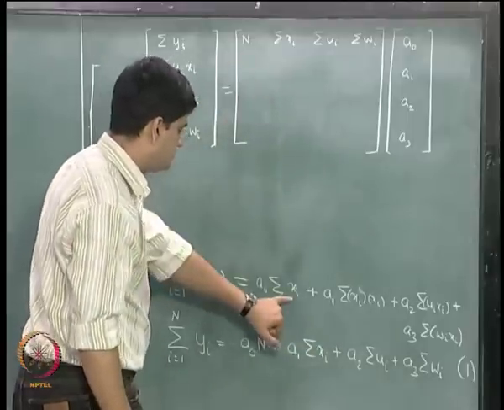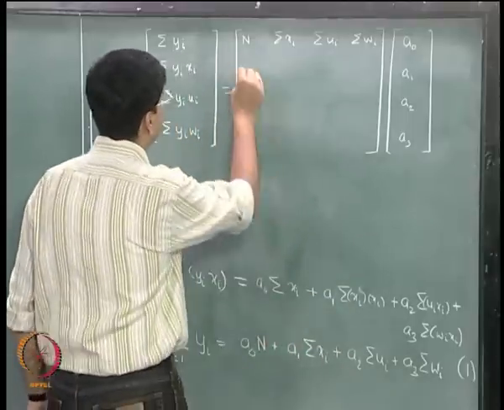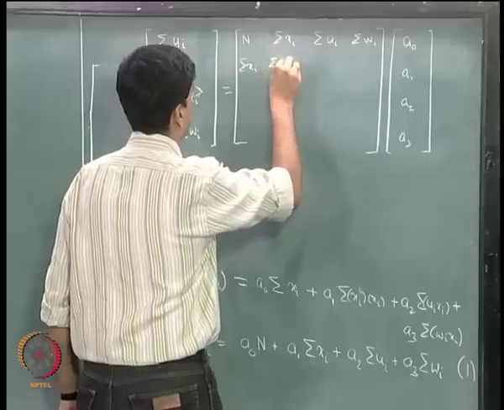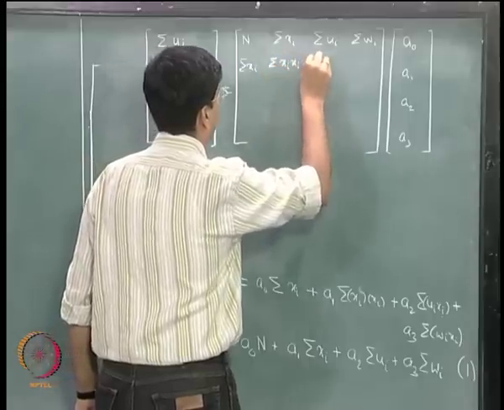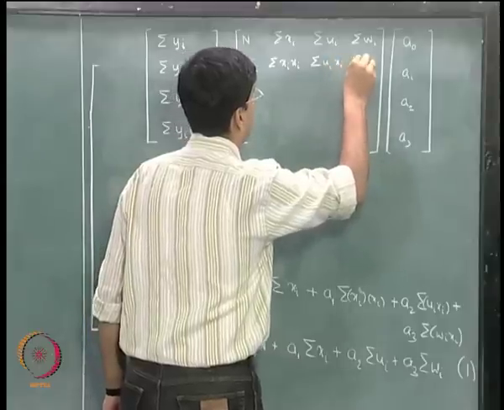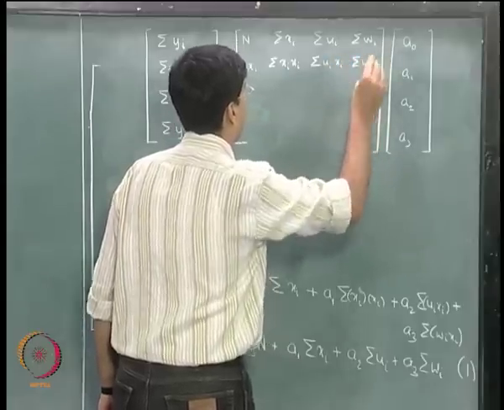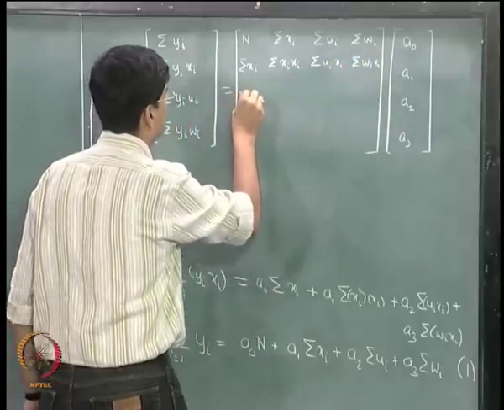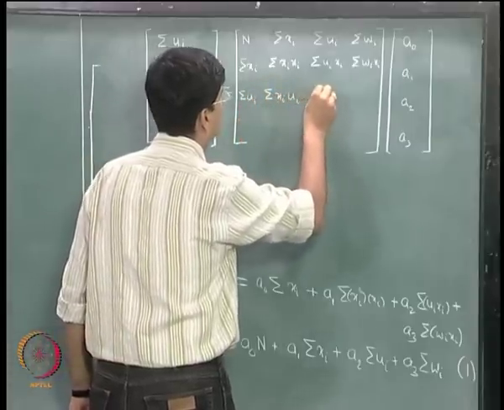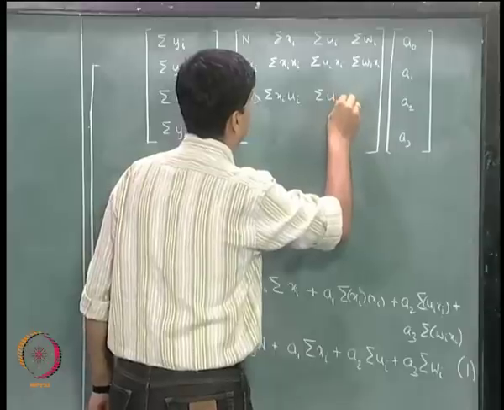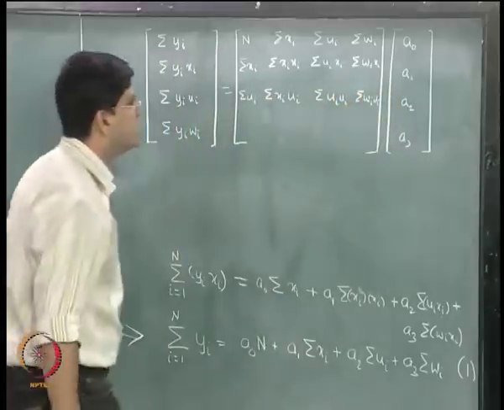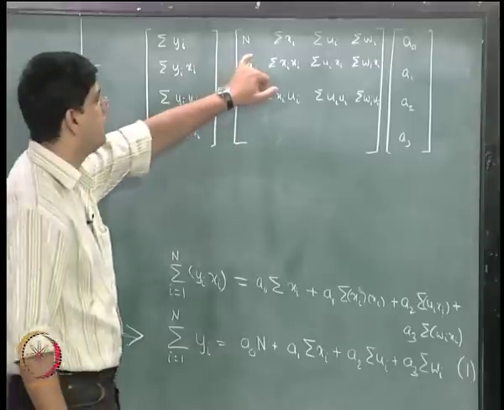Over here we have summation xi squared, okay. Next we will have summation ui, summation xi ui, summation ui squared, summation wi ui, okay. Keep in mind the pattern that is forming over here.